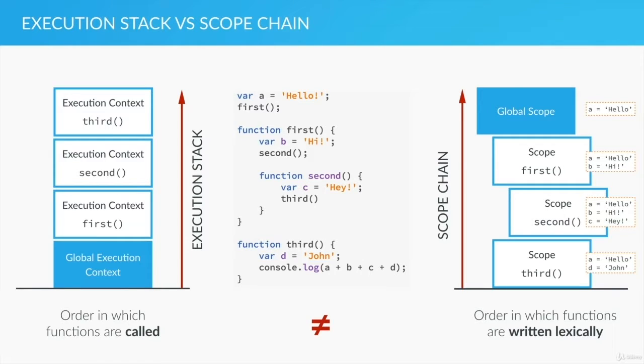What determines the scope of variables is where the functions are written. Since the third function is not in the scope of the second function, of course it cannot access variables b and c defined in the second and first functions. It can only access the global variable a, because the function is written in the global scope.